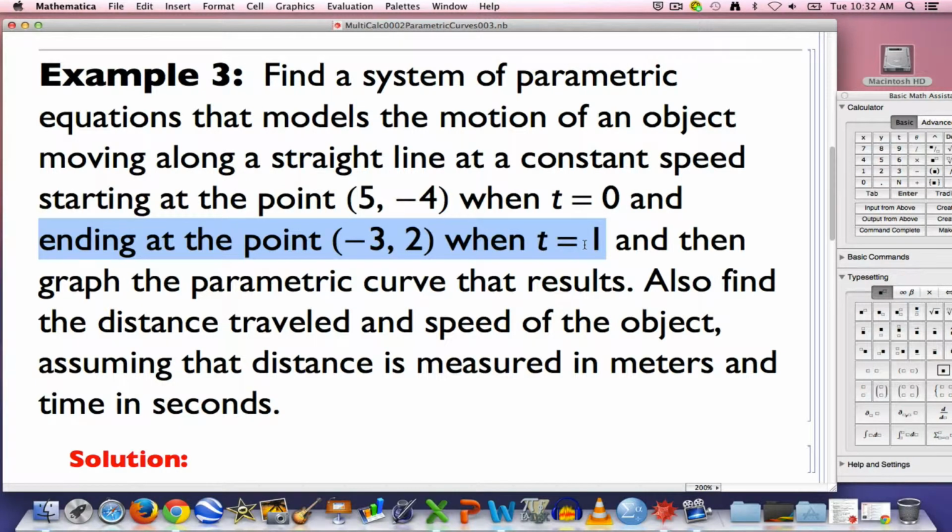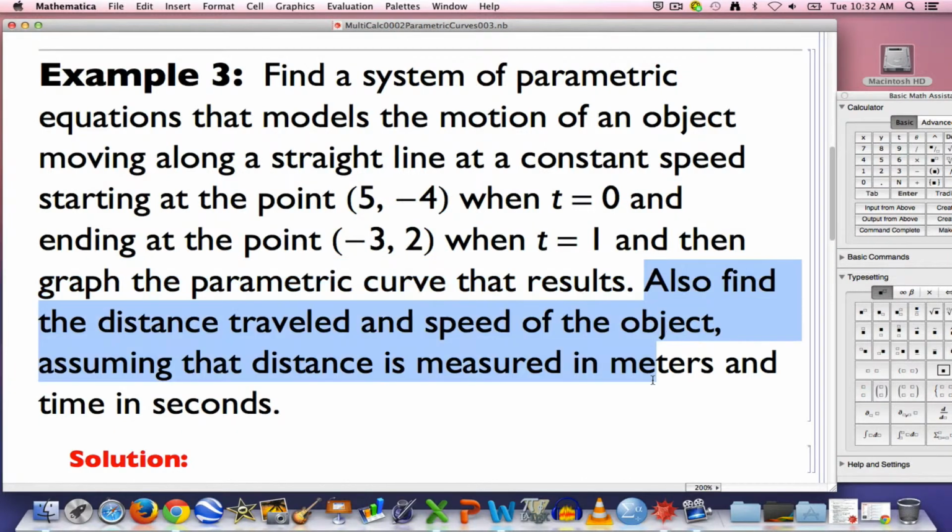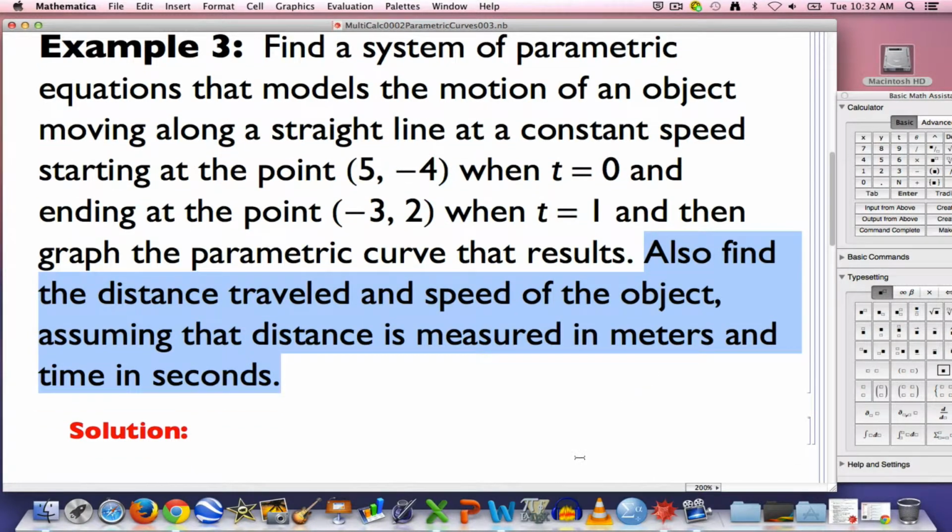So after 1 second has gone by. Then we want to graph the parametric curve that results. It'll be a straight line traced out at a constant speed. Also, we want to find at the end the distance traveled and the speed of the object, assuming distance is measured in meters and time in seconds.